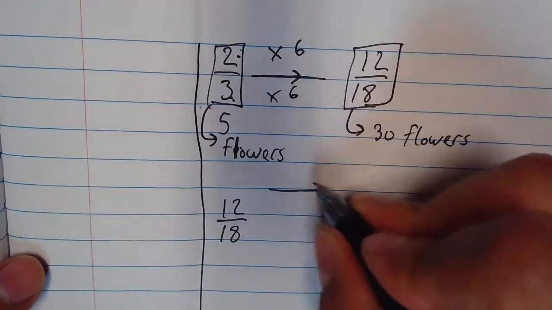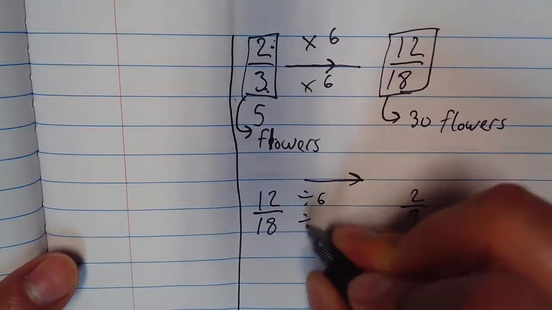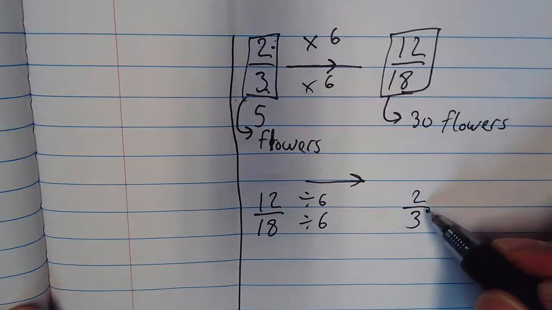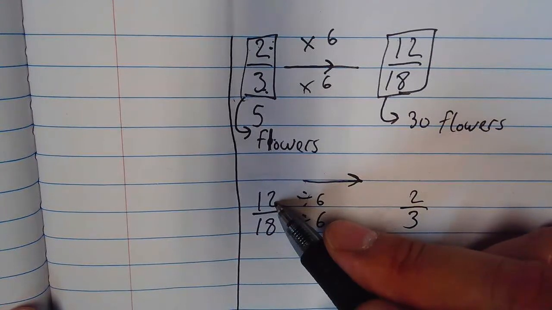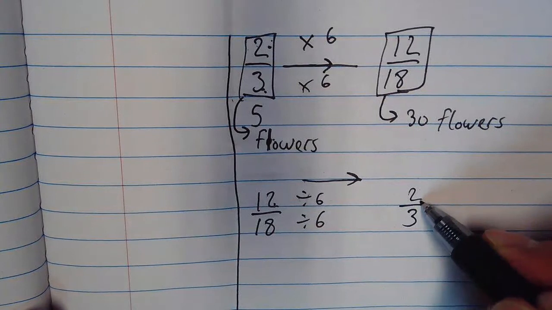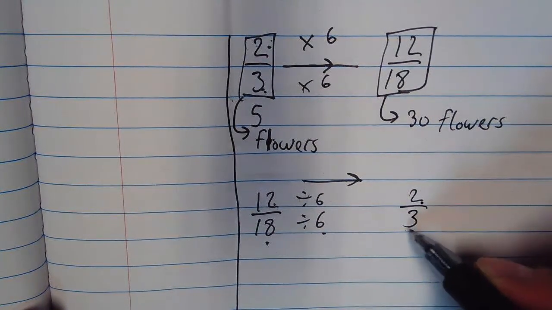Does it? Well, if you divide by 6, yeah, it does. If I have 12 flowers divided by groups of 6, that means I have 2 groups. If I have 18 flowers divided into groups of 6, that means I have 3 groups.